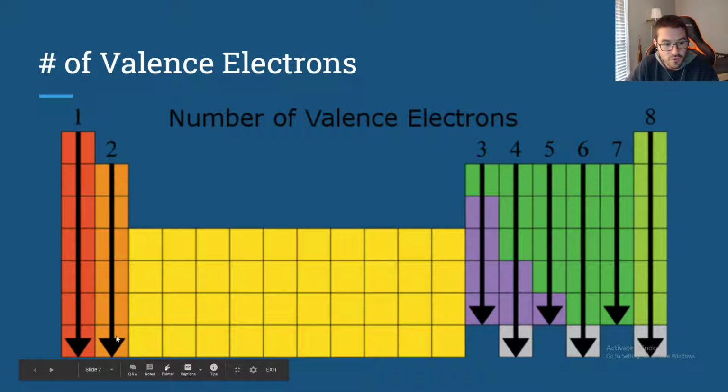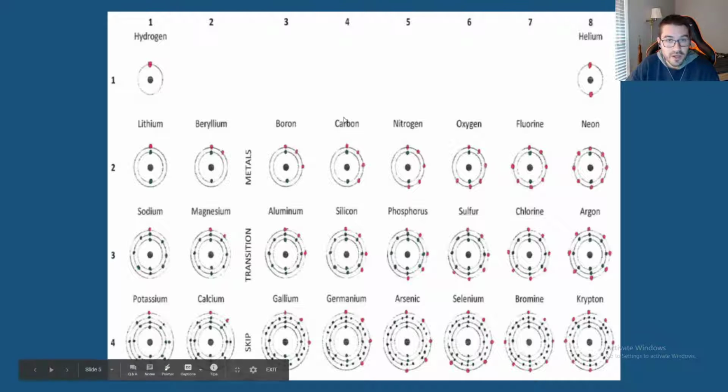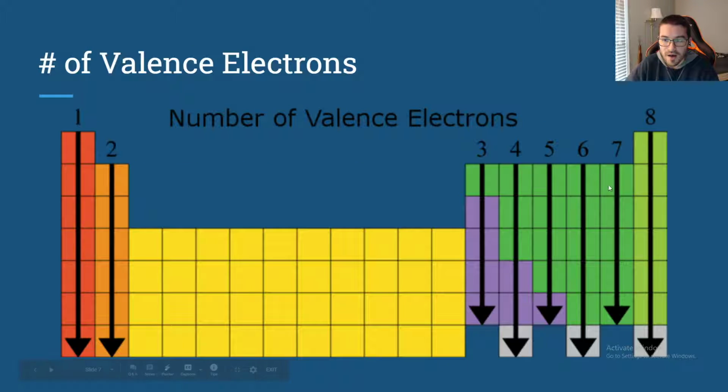These are all going to have 2. These are all going to have 3. These are all going to have 4. That was carbon, silicon, and germanium, right? You can see that they have 4 red dots on the outside. And then 5, 6, 7, and 8, right? And remember, the only exception to that rule is this element right here, which is helium. Helium only has 2 total electrons, so it kind of is the only thing that breaks that rule.